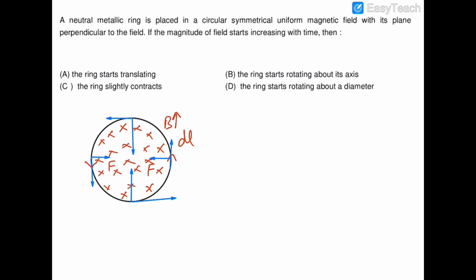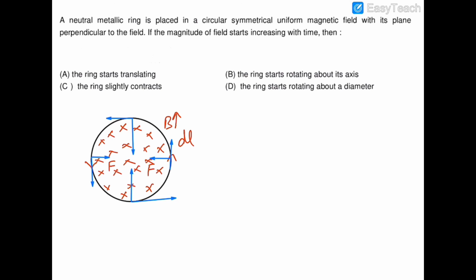Now this is one conventional method to consider whether this ring will contract or expand, but there is a very simple concept that I can tell you. If you can see that the magnetic field associated with this ring is increasing, then the tendency of the ring would always be to decrease this flux.